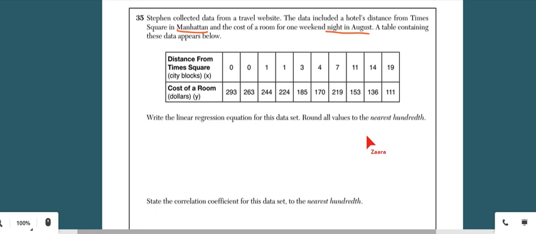Again, what I told you already about how to deal with these types of questions: you just have to substitute all the values into the calculator, and with the help of the calculator we will get the linear regression line.